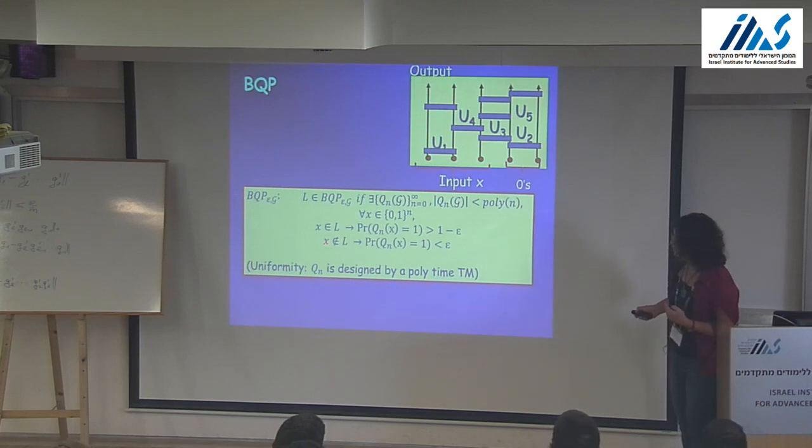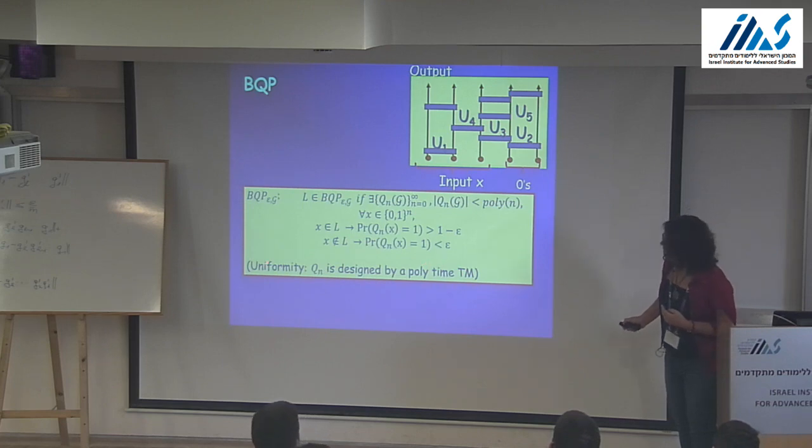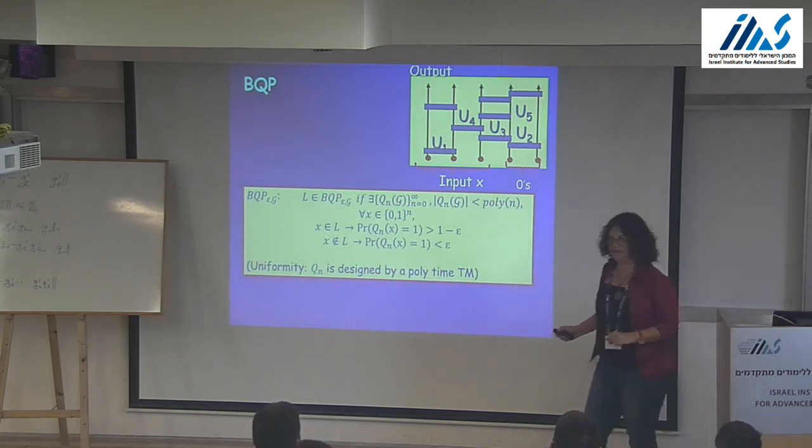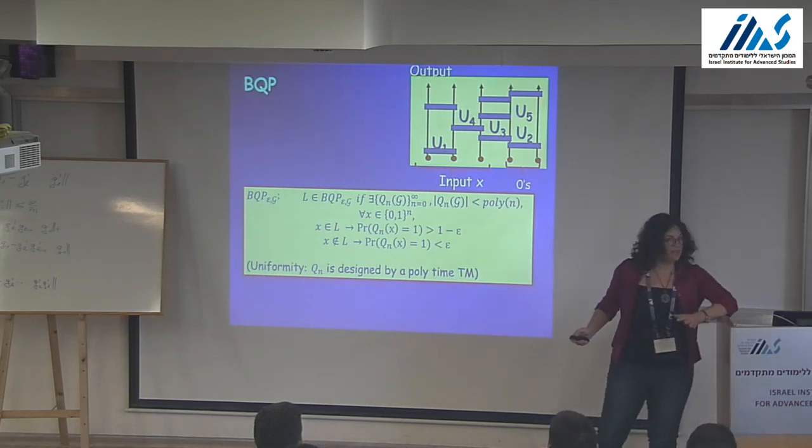Whereas if x is not in the language, that probability is at most epsilon. Okay? And again, uniformity, which we don't care about. So that's BQP.